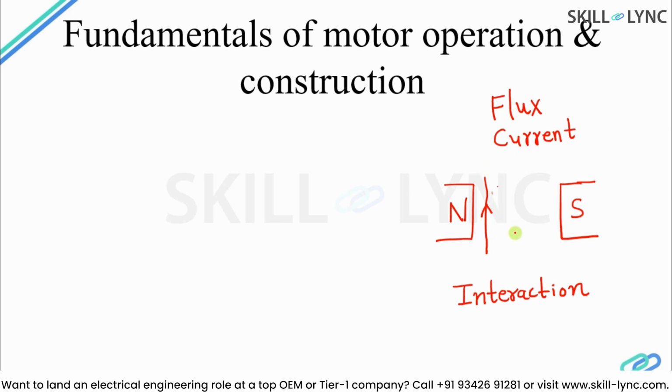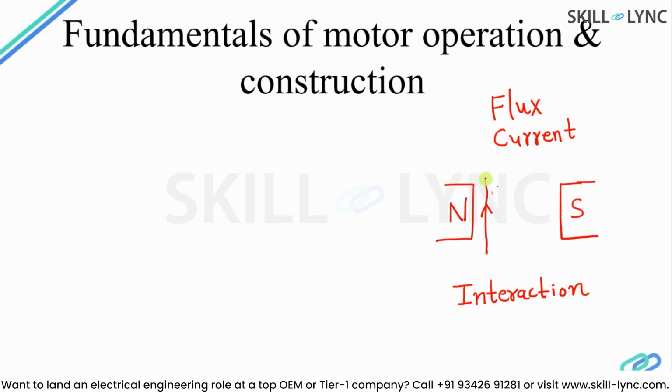So the interaction of 2 different magnetic fields is the third part on which motor operation is considered. One single conductor, which I will not call a coil, is placed like this. Now if there is one conductor, we need to see how we are going to supply the current in this conductor.